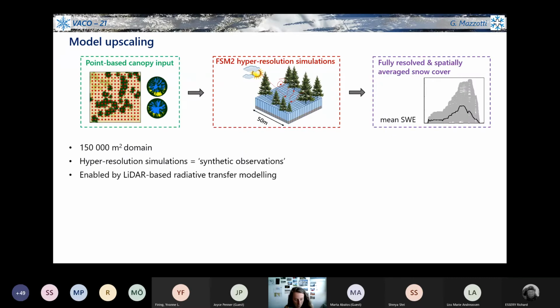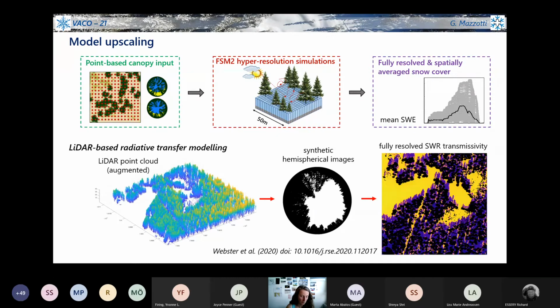The concept of these upscaling experiments is pretty simple. We use the hyper resolution model that I just presented, and now we apply it to evenly spaced simulations, which we did at 2-meter resolution over quite a large domain close to Davos. And to do so, we need to leverage a methodology to create synthetic hemispherical images that is based on LiDAR data.